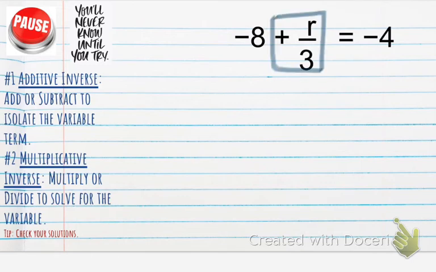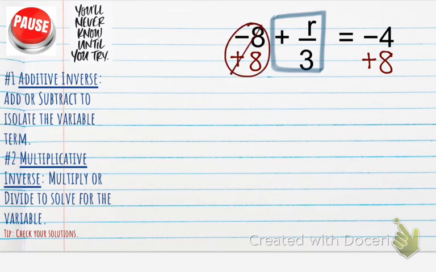And notice how I include also the addition symbol because it belongs to the r divided by 3. So what's happening? It's being added by a -8. What's the opposite of a -8? Did you put a +8 on both sides? If you did, I agree with you. Great job. Now what happens when you have a -8 plus an 8? It equals 0. That is correct.